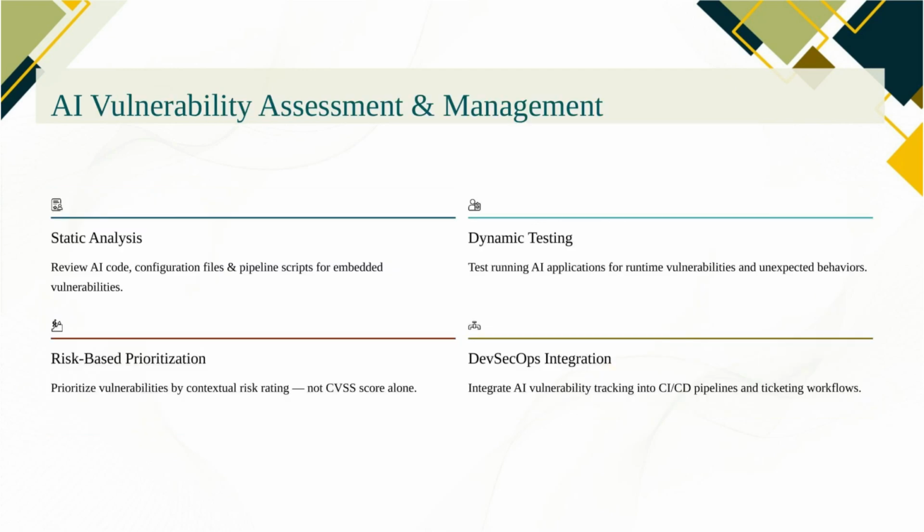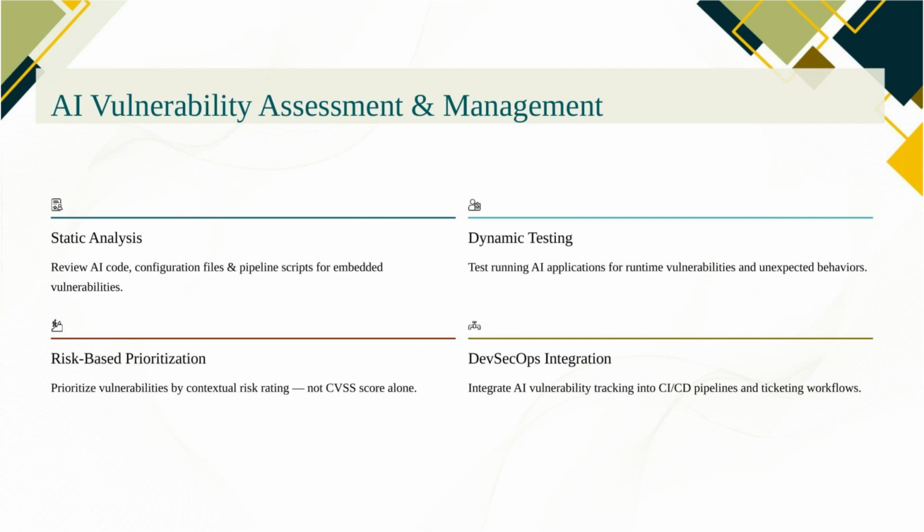How do you assess vulnerabilities in AI systems specifically? Static analysis reviews the AI code, configuration, and pipeline scripts without executing them, looking for insecure coding practices, hard-coded credentials, misconfigured access controls. Dynamic testing actually runs the AI application and tests it for runtime vulnerabilities, including adversarial inputs and boundary condition failures.